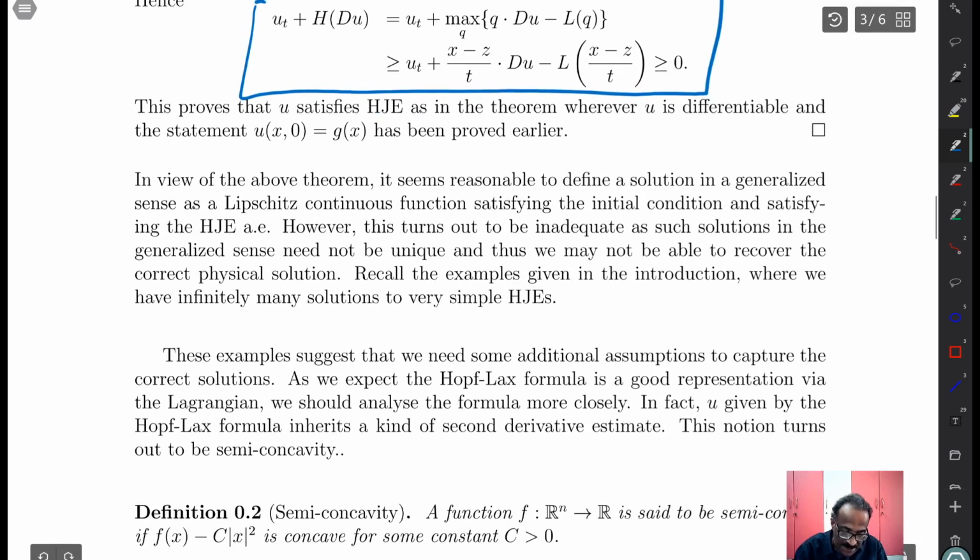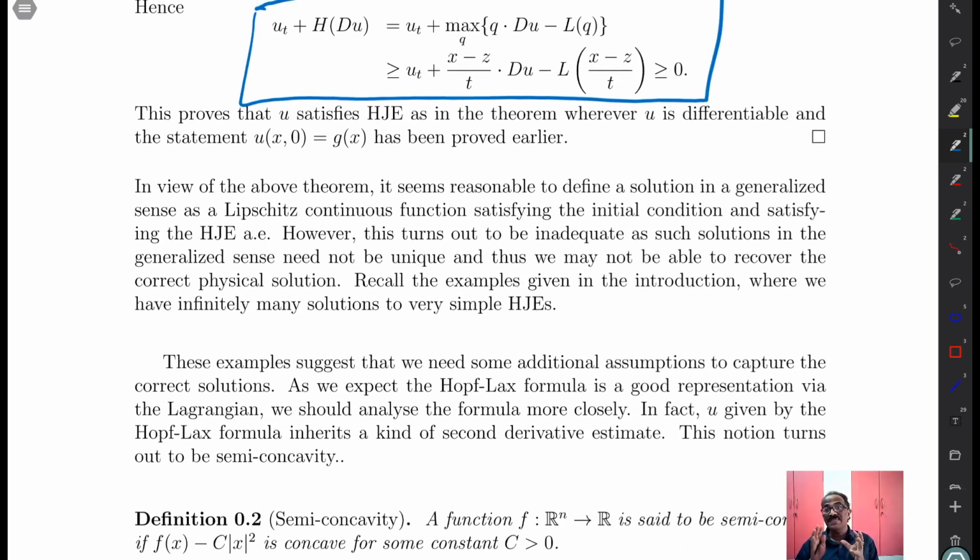Now there are some serious issues to tell. You already saw in the beginning that you obtained a solution for your Hamilton-Jacobi equations, that is given by the Hopf-Lax formula. So if you start with the Hamilton-Jacobi equation corresponding to H, you can define L, and using L you can have the minimization problem.